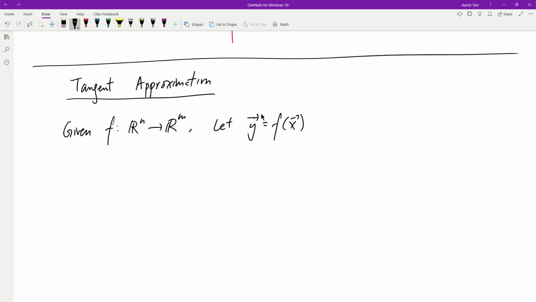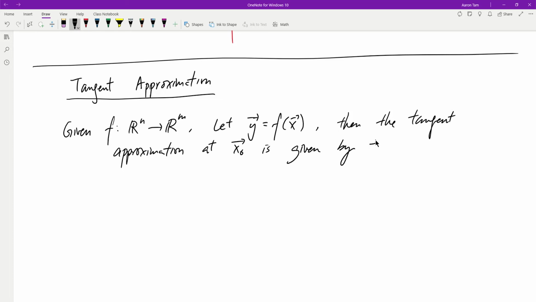And of course, if m is 1, then instead of vector y, we just have y. If n is 1, then instead of vector x, we just have x. Okay? Then the tangent approximation at vector x sub 0 is given by the formula.